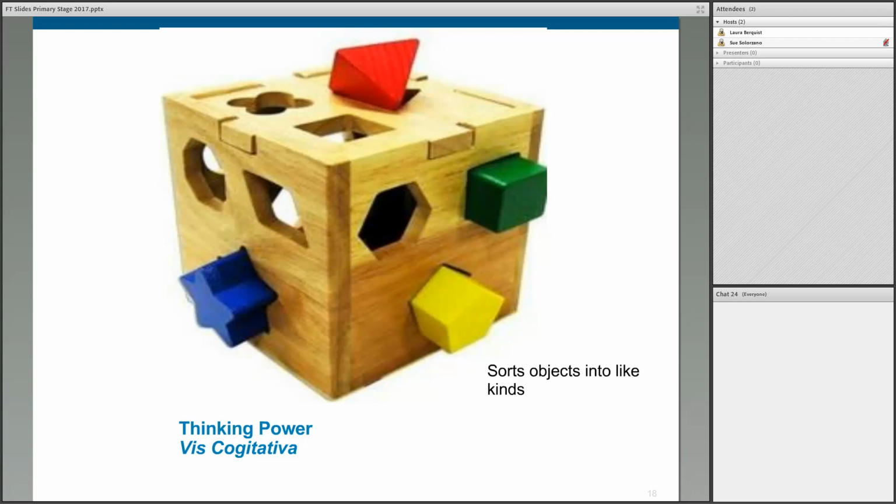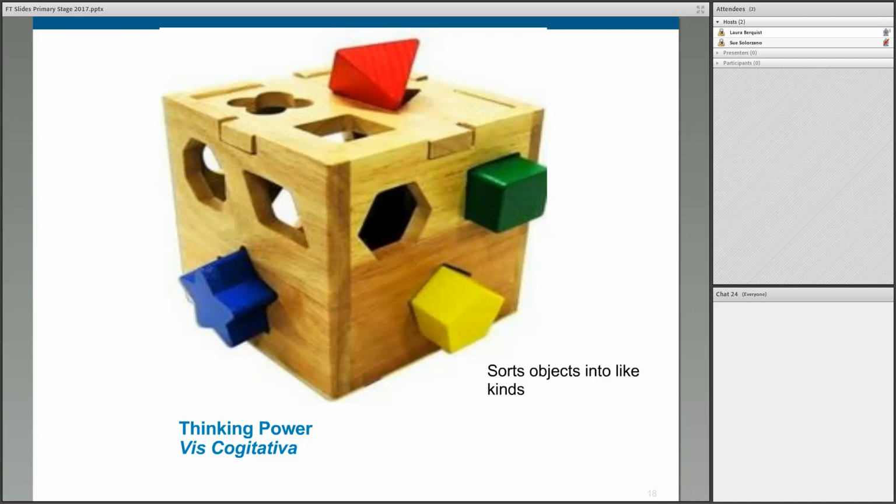So the analogy that I always use is the toy like we have on the screen. Babies use this toy, right? The baby picks up the star-shaped block and sees that it fits with the star-shaped hole and sticks it in.